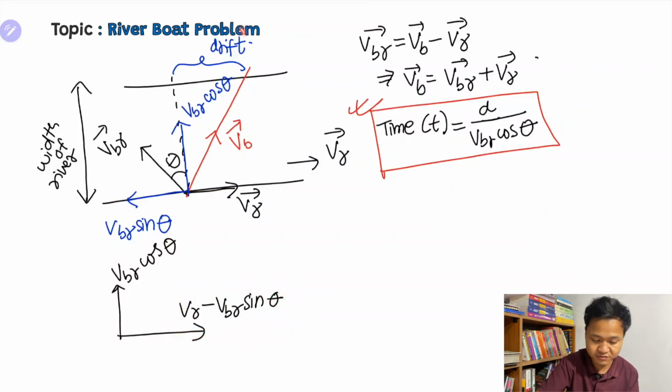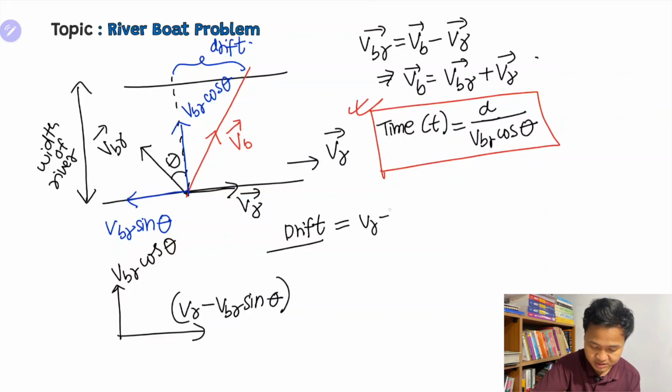Therefore, if I want to find out the drift, the distance is given by speed into time. So what is the speed? I want to find out the drift, so drift is equal to speed, which is VR minus VBR sine theta, into time, so D divided by VBR cos theta.